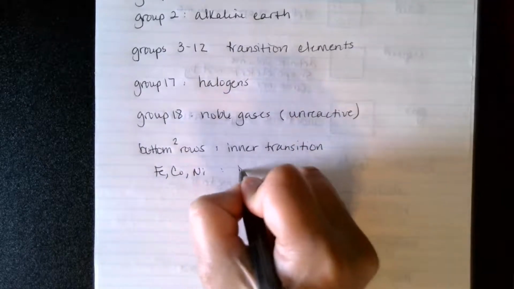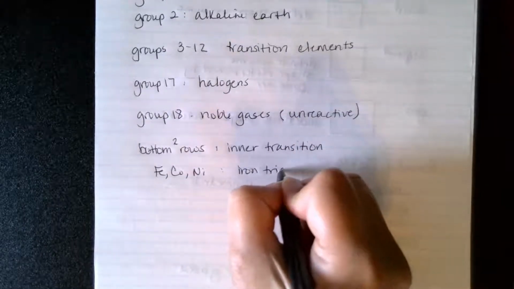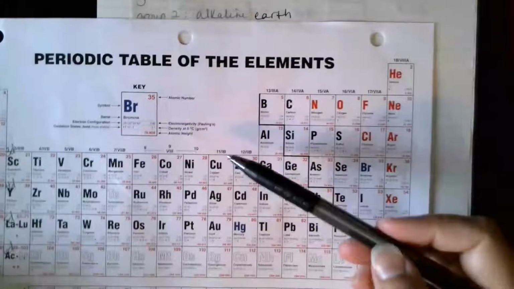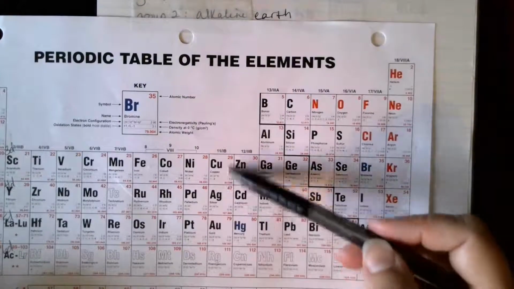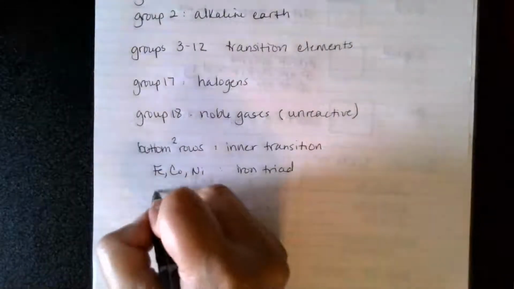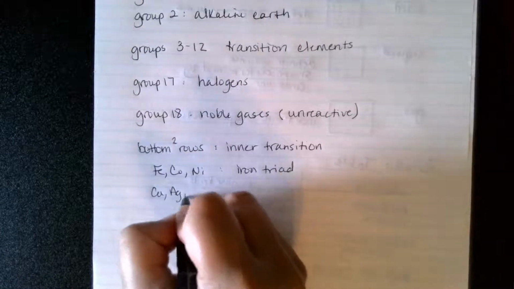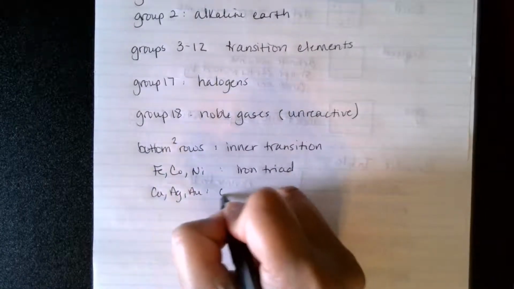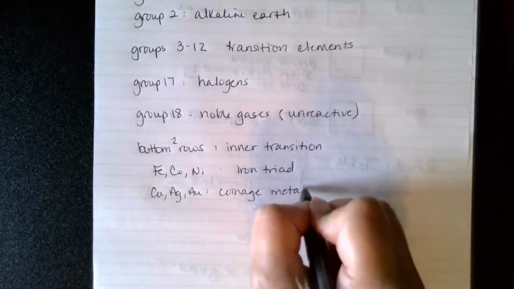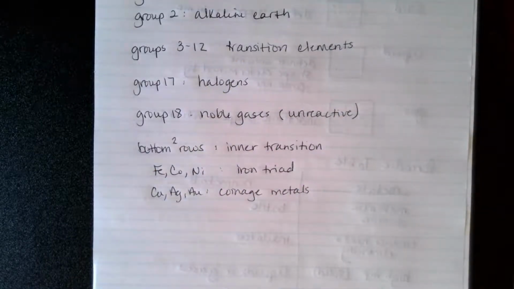This is the iron triad. Starts with iron, and there's three of them. Another group that's kind of important that we talk about a lot are the coinage metals here: copper, silver, gold. These are called the coinage metals, and that's because they're used to make coins. All right, and that's it for the periodic table.